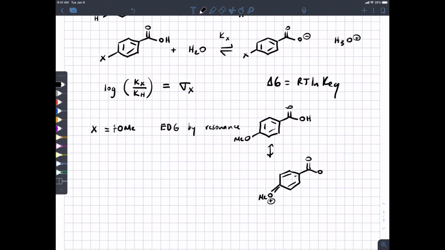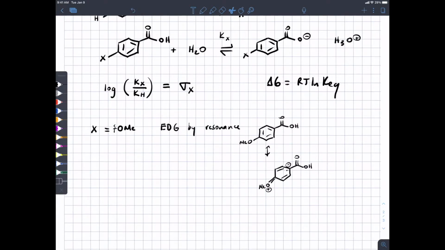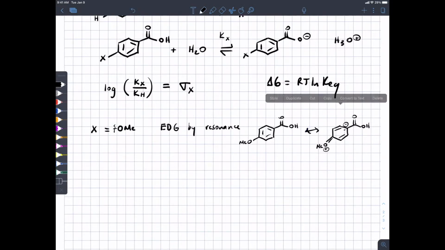Okay, so that's a valid resonance structure, and what does that have to do with acidity? So if you have that as an electron donating group, it should stabilize the carbonyl center there.